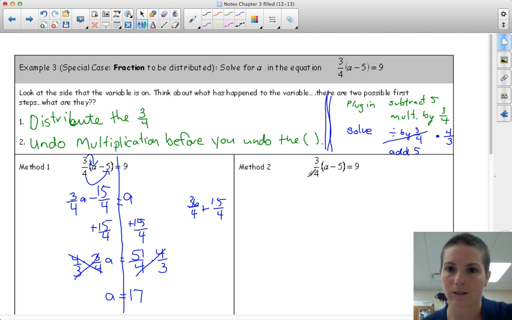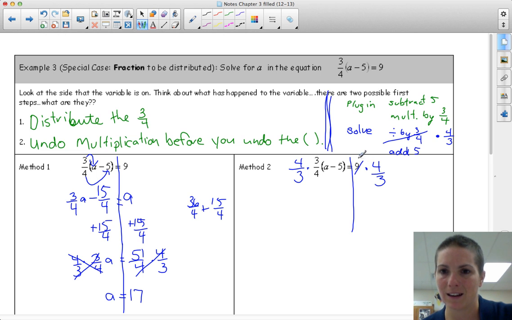So here, we don't want to divide by 3/4. We want to multiply by its reciprocal. So we'll multiply by 4/3. Whatever I do on the left of that balance line, I also have to do on the right. So multiply by 4/3. 9/3 becomes 3/1. 3/3 becomes a 1. 4/4 becomes a 1.